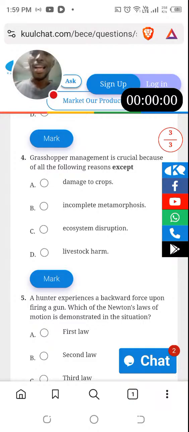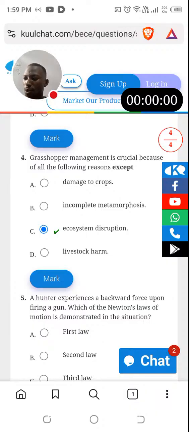Is it damage of crops? Yeah, grasshopper actually damage crops. Incomplete metamorphosis. Ecosystem destruction. And livestock. I'll go for ecosystems. Good. So that gives us 4 out of 4.